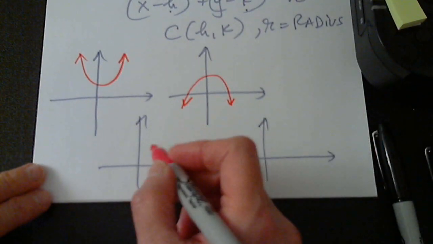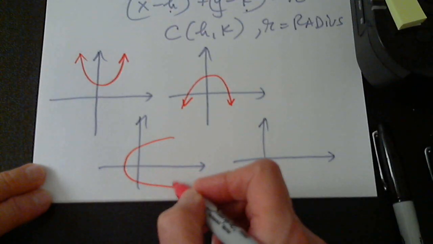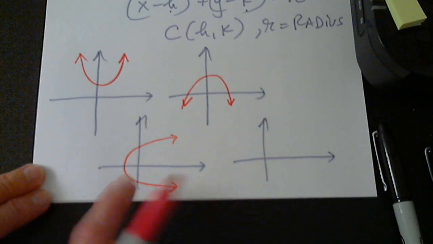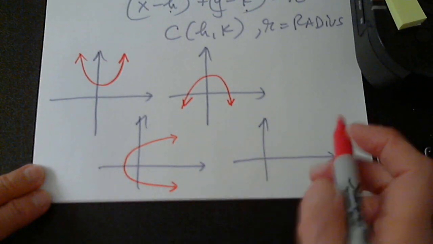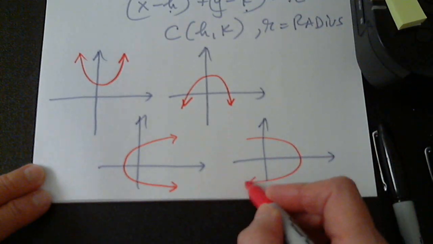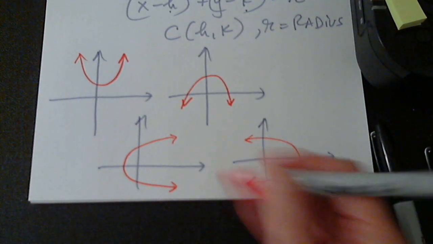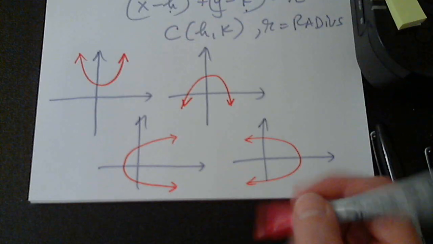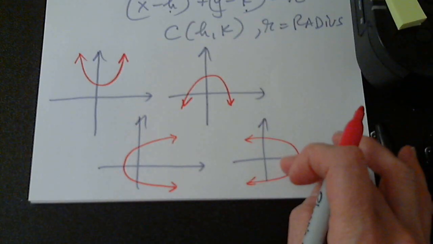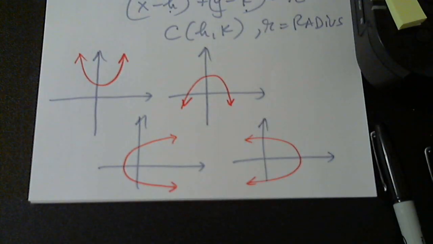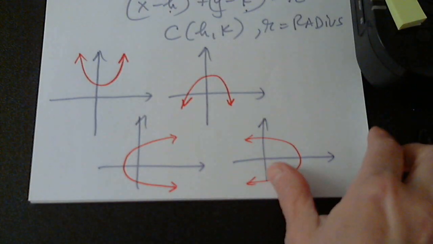But also we're going to discuss this situation, which is not a function, opening to the right, or this situation, which is not a function, opening to the left. In all these 4 situations, we are going to look at details that we have never looked before. Okay.